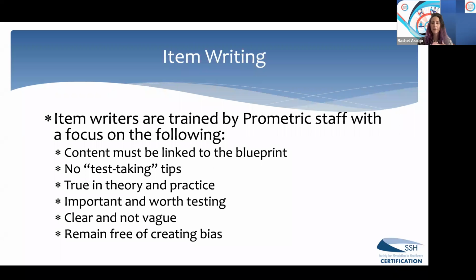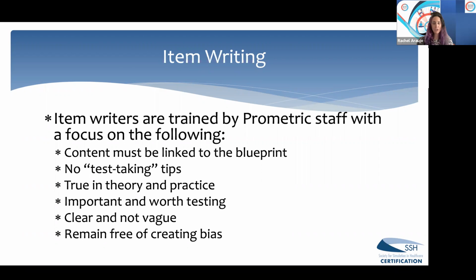We also remain free of mentioning sex, age, religion, all that juicy stuff, unless it's absolutely imperative to the understanding of the item. And then we also don't want any bias towards a specific vendor. So we also don't use any vendor names in the examination. So anything's just going to be, partial task trainer and describe the functionality of the simulator instead of giving it a name or naming a vendor.